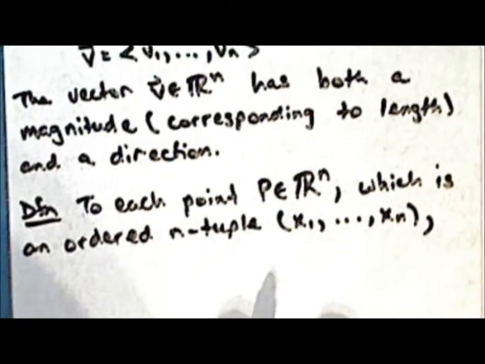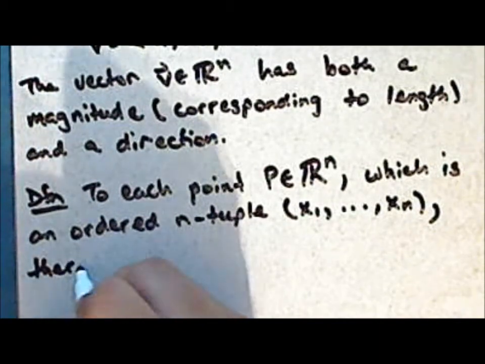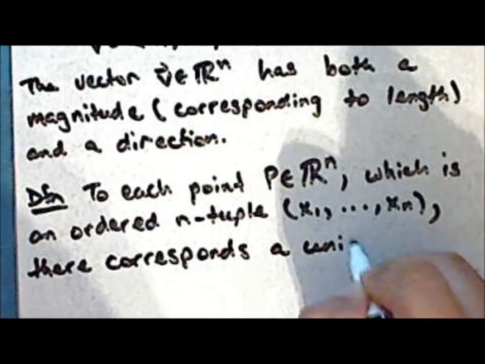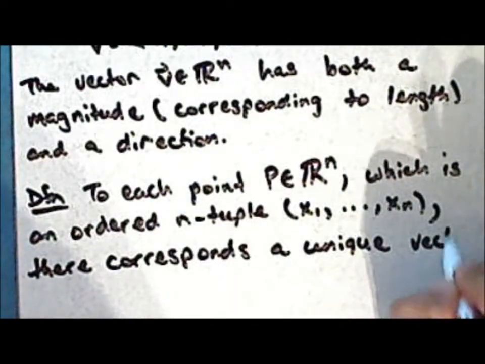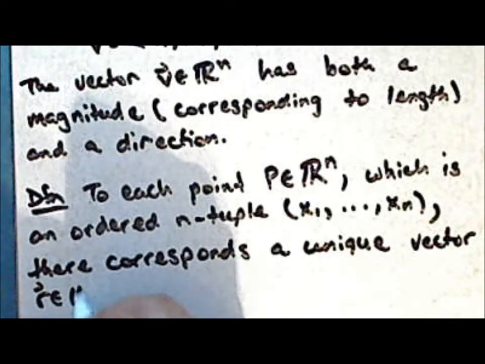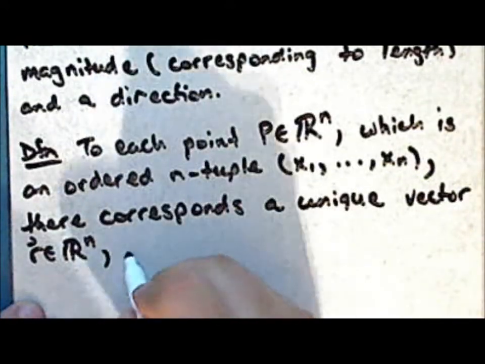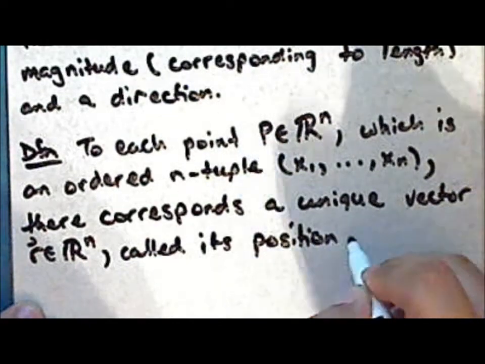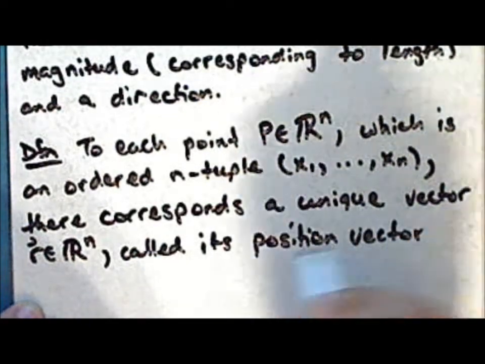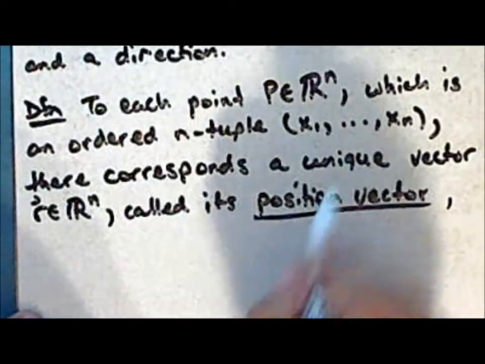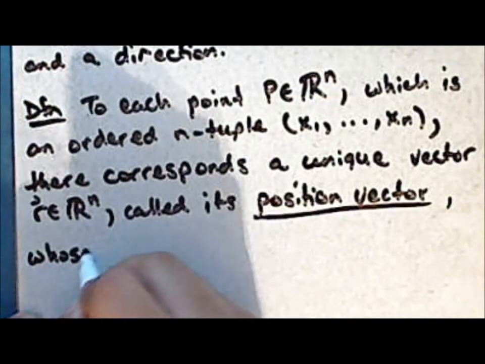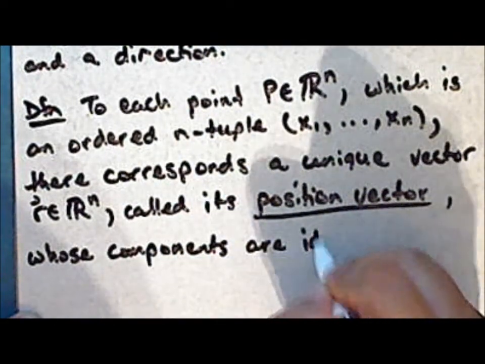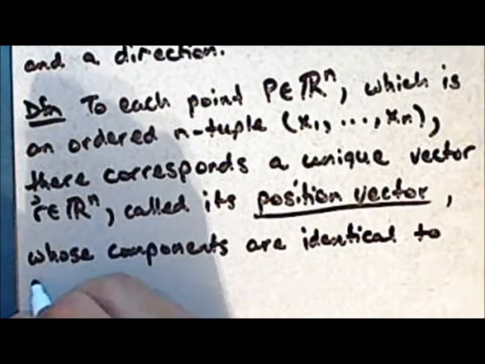To each point in n-dimensional real space, there corresponds a unique column vector, which we'll call r, in n-dimensional real space, called its position vector, whose components are identical to the coordinates of the point.